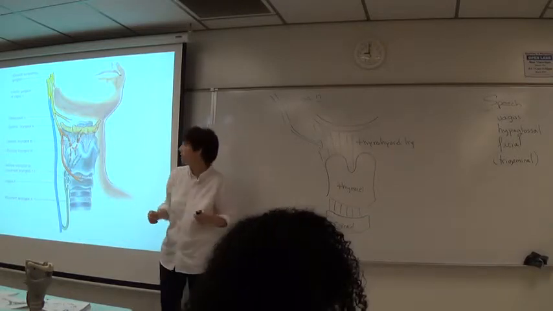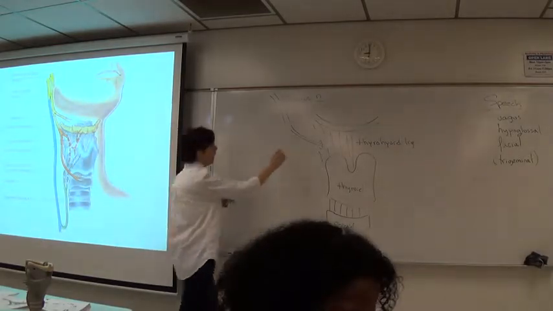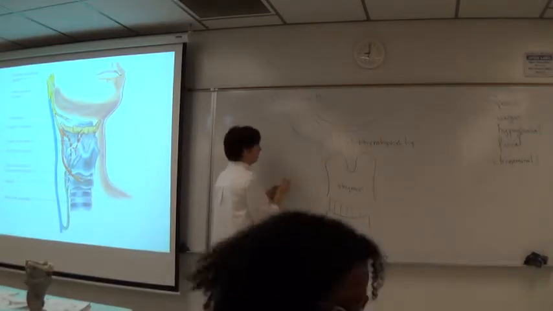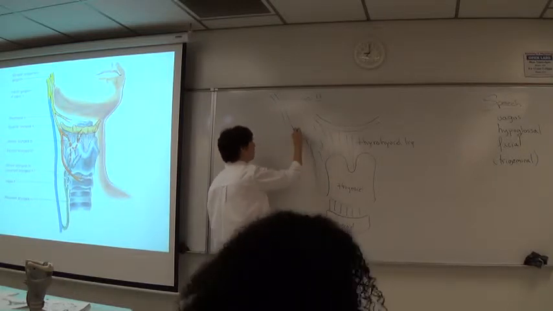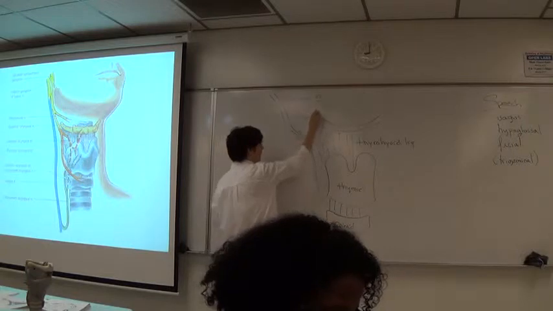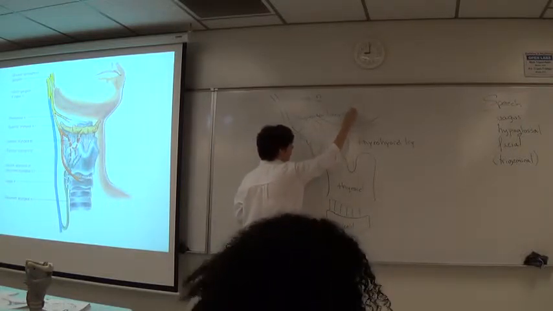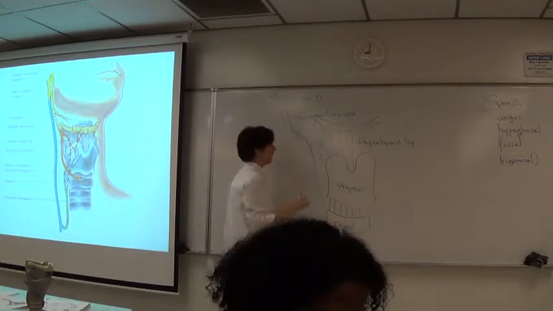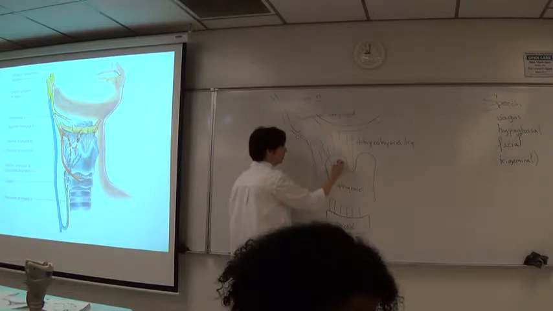So this branch is known as the superior laryngeal. And it divides into two. The one that pierces the thyrohyoid ligament is known as the internal.